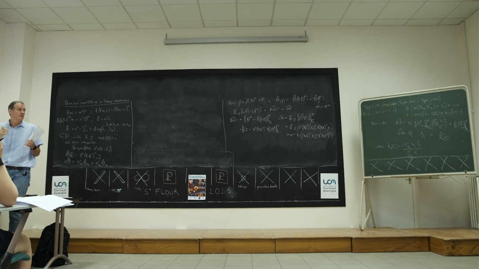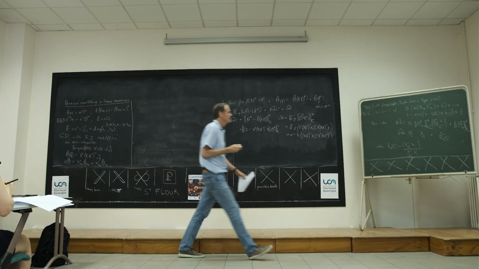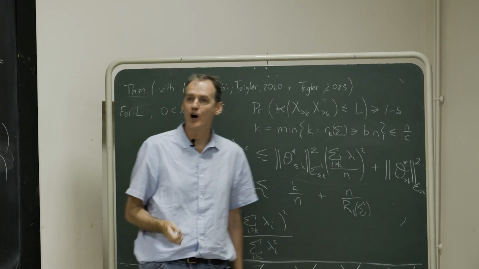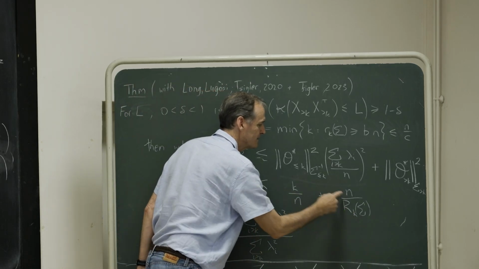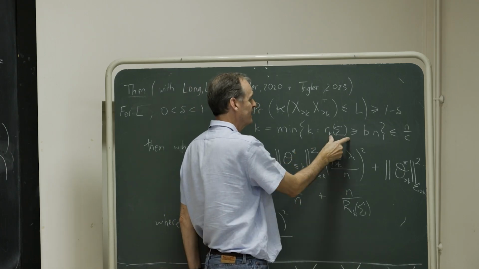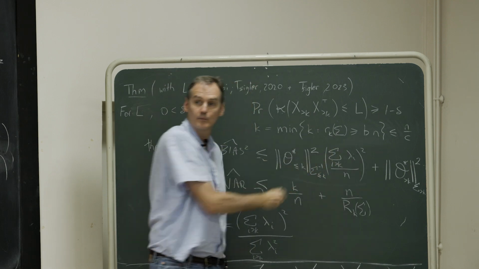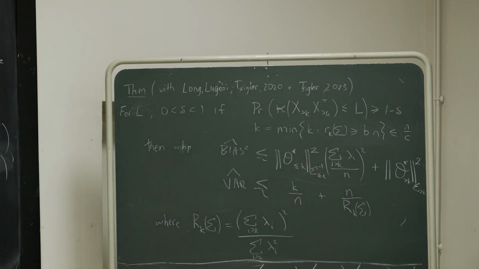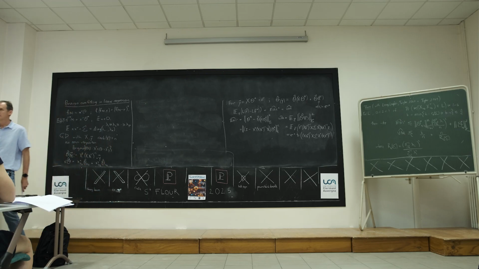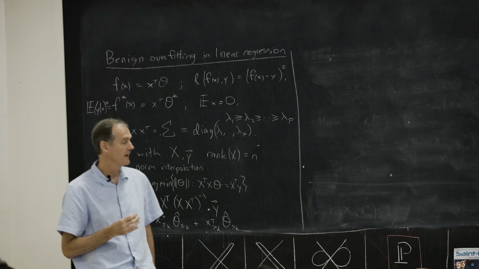So both of these are helped by being in a higher dimension. Here we certainly need the dimension to be large compared to n. And here, satisfying this inequality is going to be easier when we're in a higher dimension, right? So essentially, in a neural network we increase the number of parameters, and so we decrease the loss function. Is there a way to connect that to the linear regression case here?